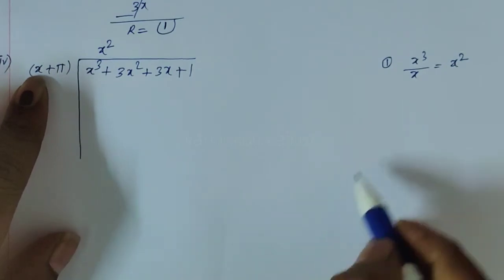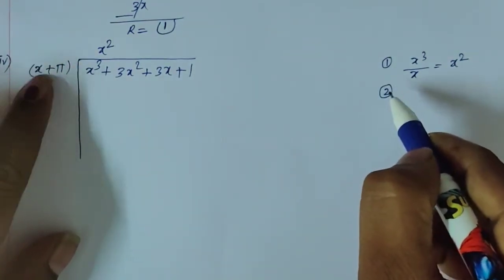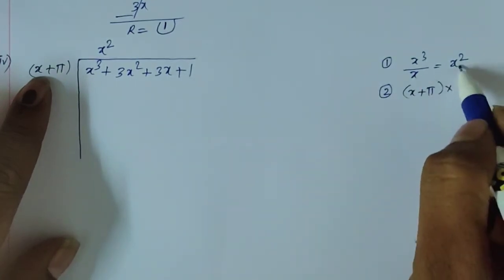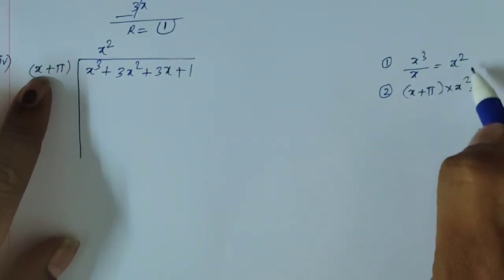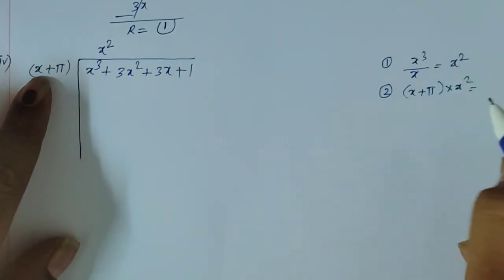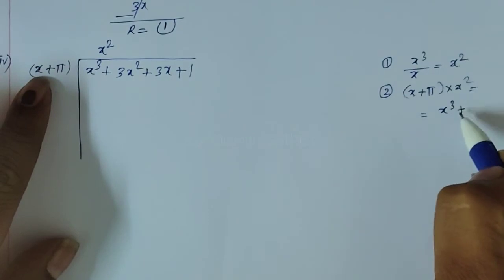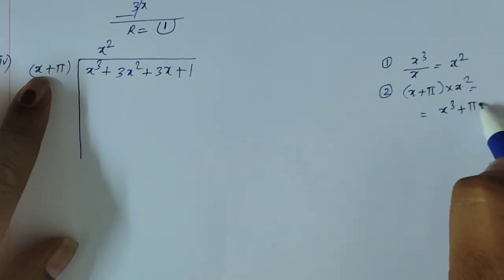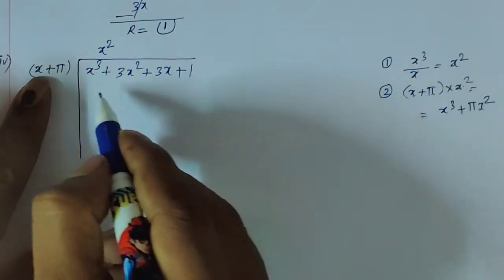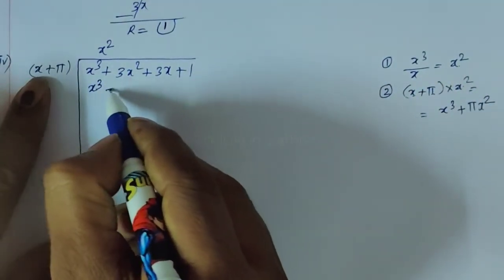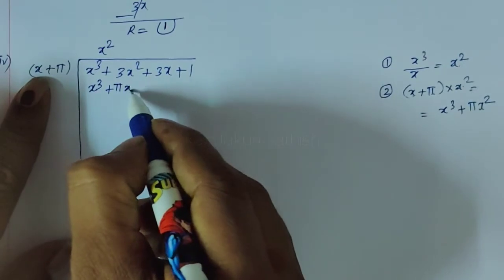Now in the second step, the divisor should be multiplied with x square, which you got in the first step. So x into x square will become x cube, plus pi into x square will become pi x square. Write this part just below it, x cube plus pi x square.